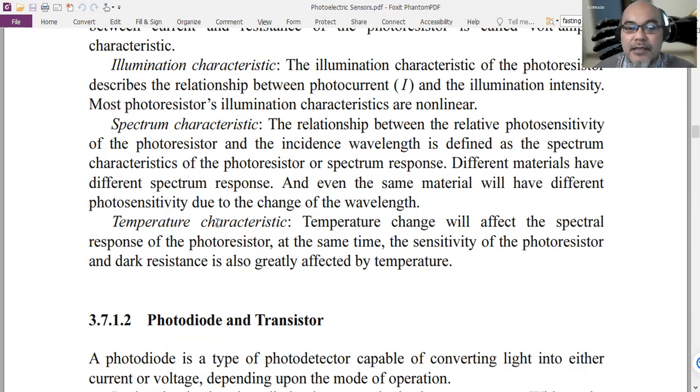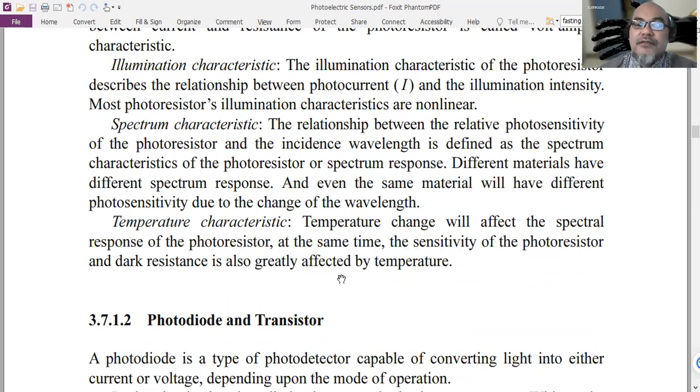Then we have the temperature characteristic. So in the spectrum characteristic, we will know at which wavelength the photoresistor is sensitive. And sometimes even the same material will have different photosensitivity due to the change of wavelength. Temperature characteristics will affect the spectral response as well as the sensitivity of the photoresistor.